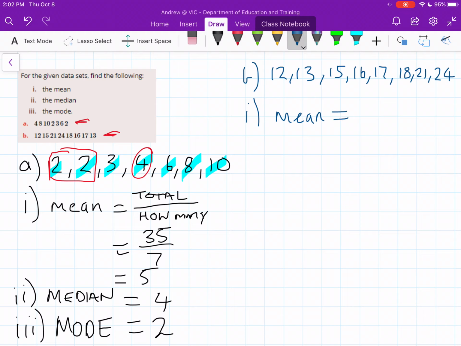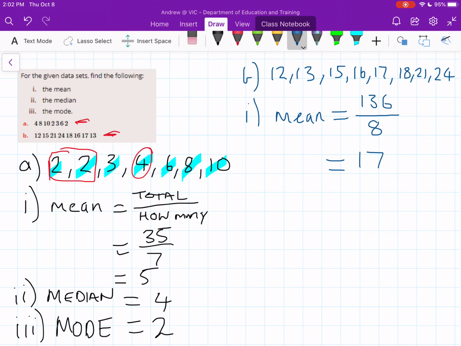I'm not going to write this out, but you can write it out on top. Adding all these numbers together is equal to 136, and this is divided by how many numbers there are. There's 8 numbers there, so it's 136 divided by 8. This is equal to 17. So that is your mean.